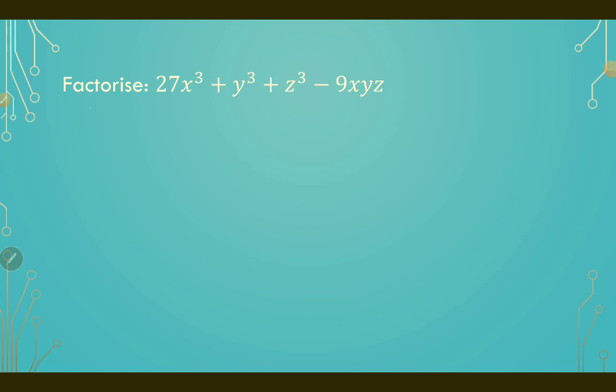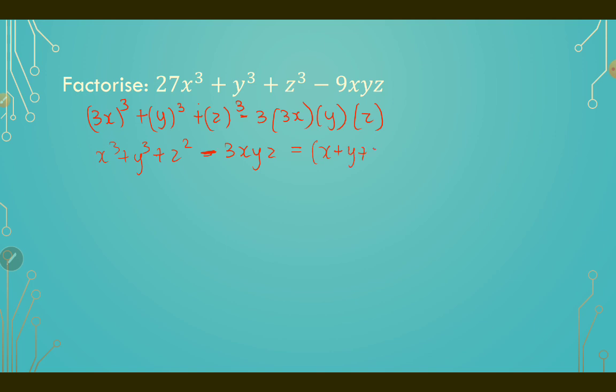Factorize. So this can be written as 3x the whole cube plus y cube plus z cube minus 3 into 3x into y into z. This is nothing but an identity. x cube plus y cube plus z cube minus 3xyz is equal to x plus y plus z into x square plus y square plus z square minus xy minus yz minus zx.